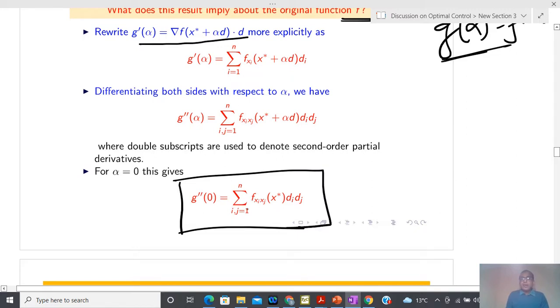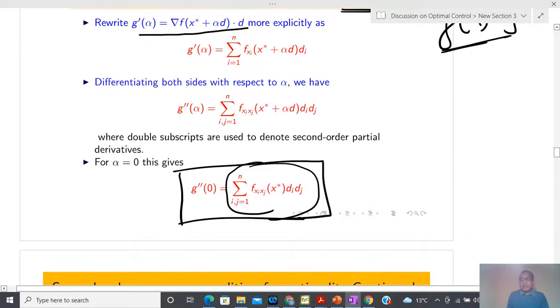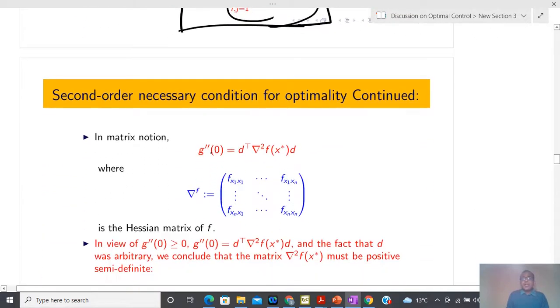Whenever I have this kind of expression, you can see that i and j vary from 1 to n, so you have to vary both i and j from 1 to n. Then I can also write this whole quantity in terms of matrix representation, and it is possible to show that the matrix representation of the same can be written like this, where d is some kind of column vector d1 to dn.